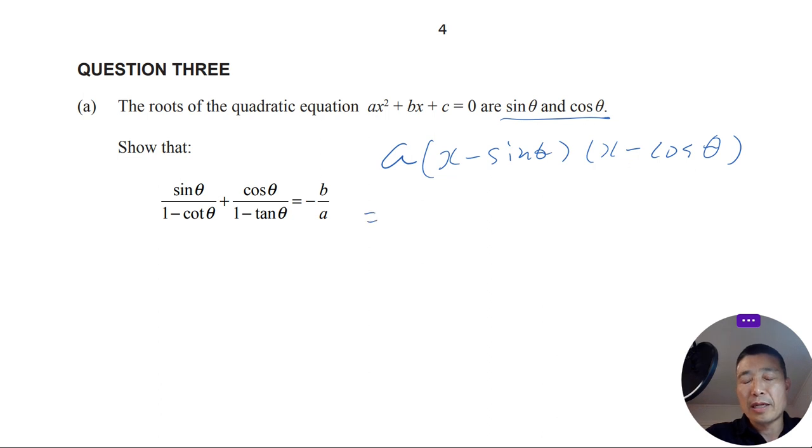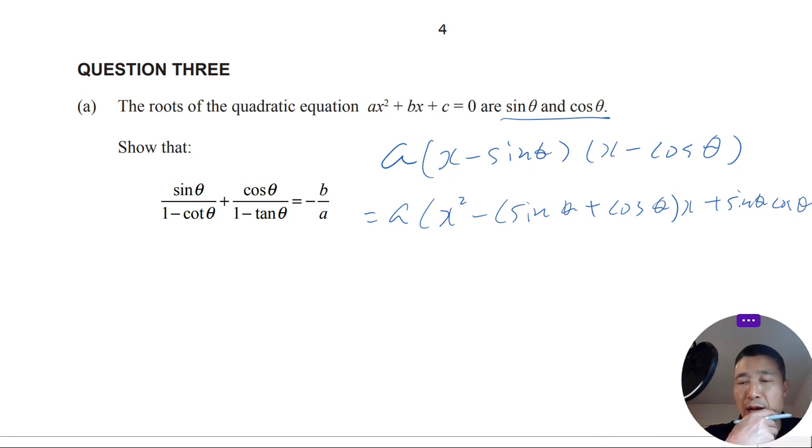So if I expand, I get A x squared minus (sine theta plus cosine theta) x plus sine theta cosine theta, isn't it? Now, if I factorize this by A, I get x squared plus b over a x plus c over a, right?